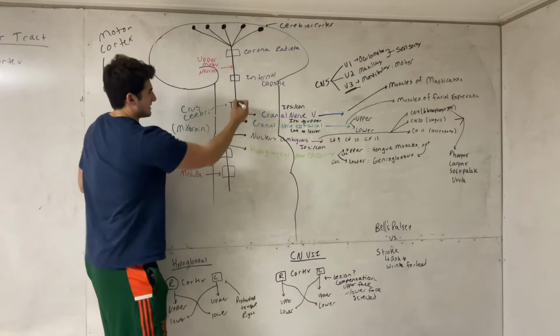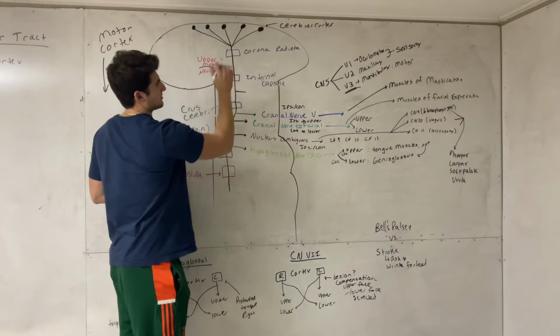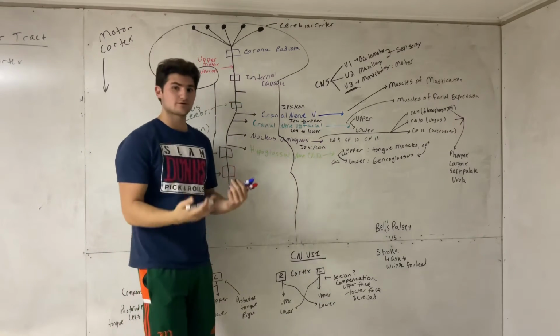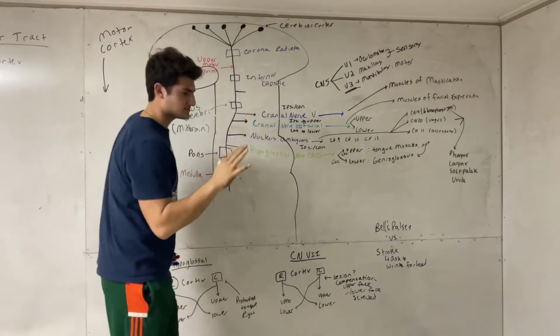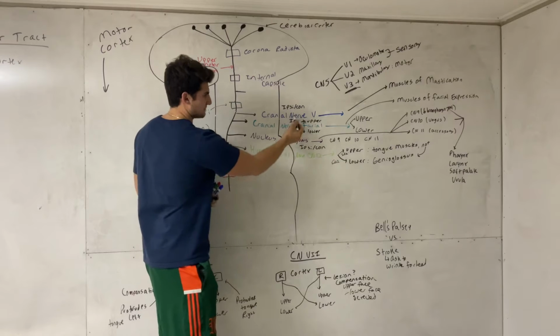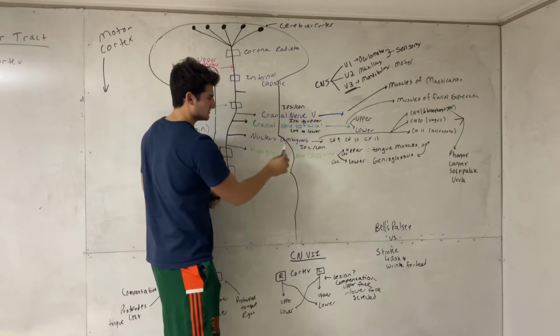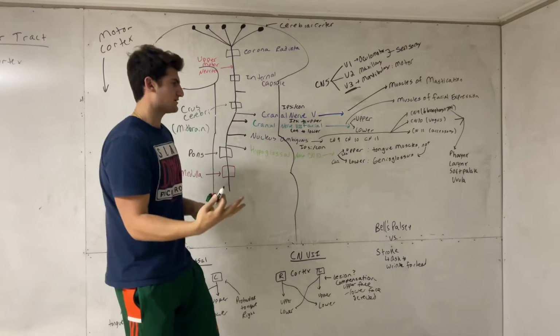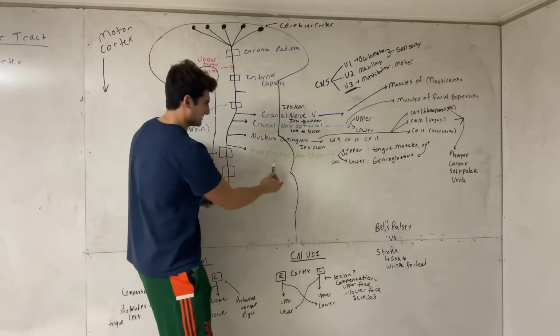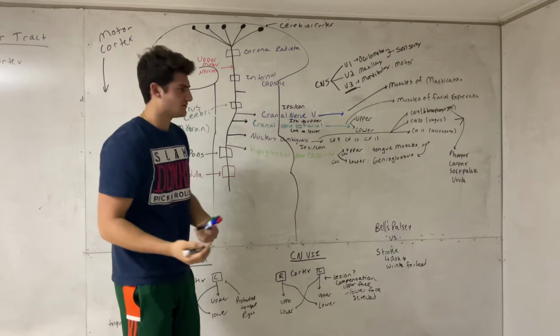If you see over here, the cerebral cortex, or the corticobulbar tract, really stimulates or innervates four things: cranial nerve 5, cranial nerve 7, the nucleus ambiguus, which is composed of 3 cranial nerves, which I'm going to get to, don't worry, and then the hypoglossal nerve, cranial nerve 12.